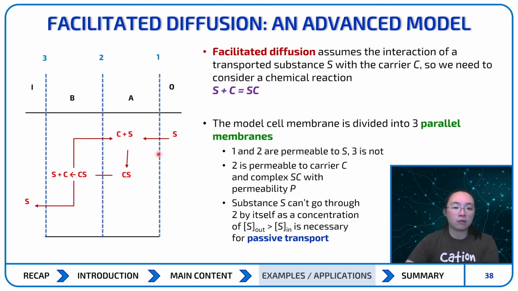Substance S cannot go through 2 by itself, as a concentration of S out greater than S in is necessary for passive transport. So if you have none of it here and some of it here, then basically that passive transport will not take place.